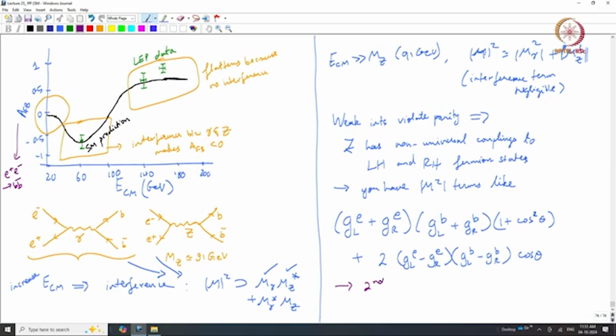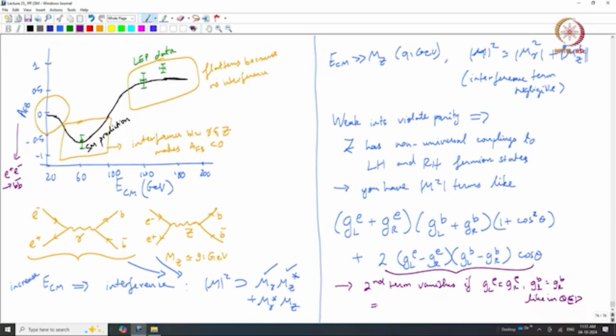Why? Because see the second term, this term vanishes if GLE equals GRE, and of course GLB equals GRB. So like in QED, both the left and right handed couplings are the same, so this vanishes and there is no cos theta.